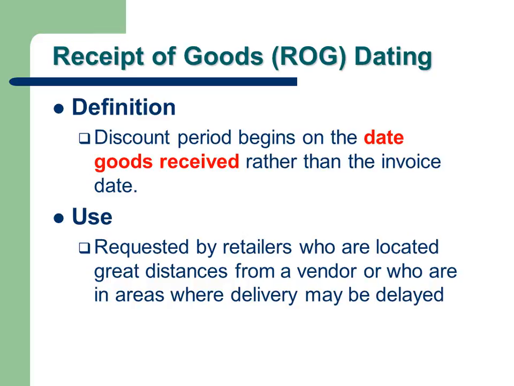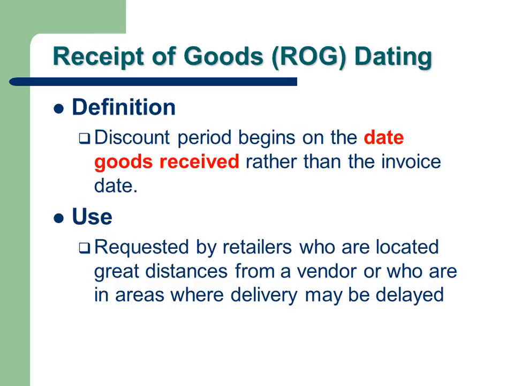In that kind of case, you don't want to have a regular dating term or any other dating term that can put you at risk of having to pay the bill before you actually receive the merchandise, right? So as a buyer, you want to make sure to receive the merchandise first before you actually pay the bill.